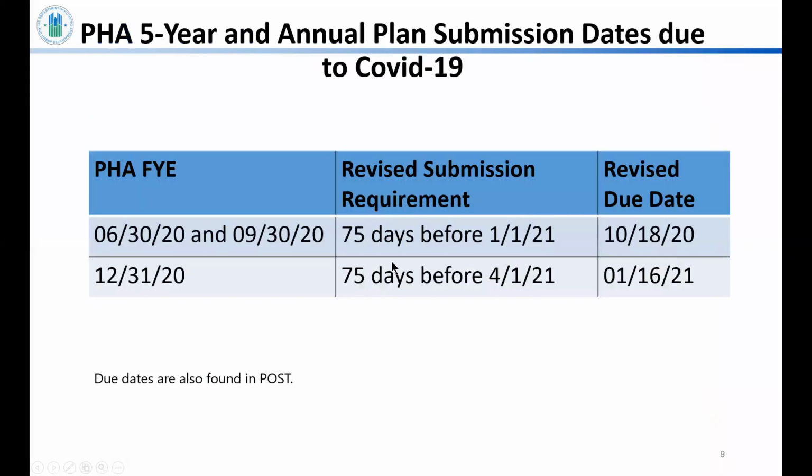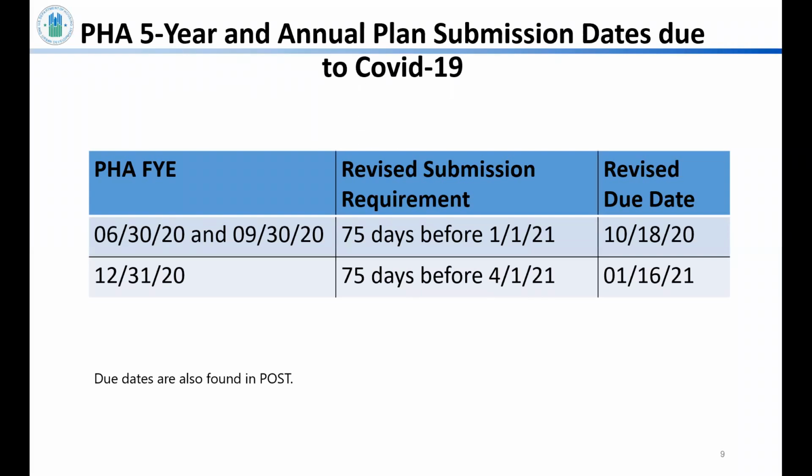So the next slide is the PHA 5-year annual plan submission dates due to COVID-19. As I mentioned earlier, the dates have been shifted. One of the reasons the dates were shifted, of course, we all know, is that there were limitations on large public gatherings.